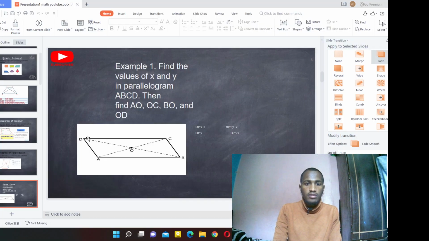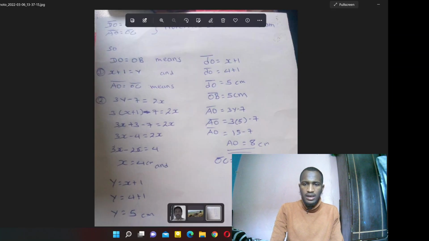DO and OB are equal. As you see from here, DO and OB, they are what? Equal. And AO and OC, they are equal. Whenever you get this type of calculation, what you need to do is just remind yourself of the property. You don't have to just get confused, just remember the property.